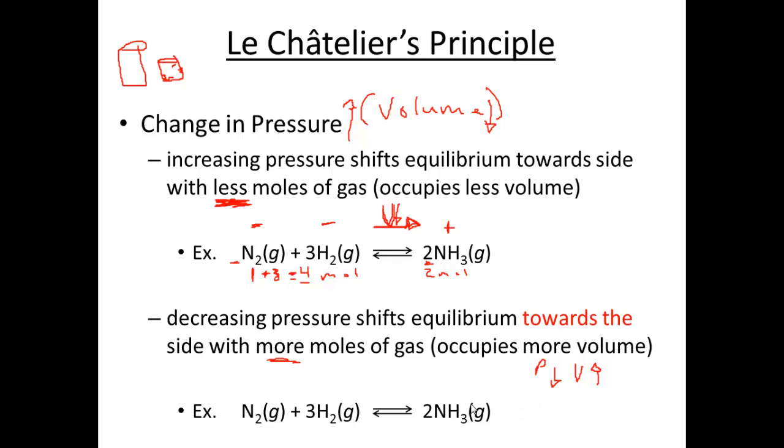So we're going to take P, reduce it, and that means we're going to increase the volume, or pressure decreasing, so that means we're going to shift to the side with more moles of gas, so we're going to shift in the reverse reaction, which means we get less of this, more of this, and more of this.